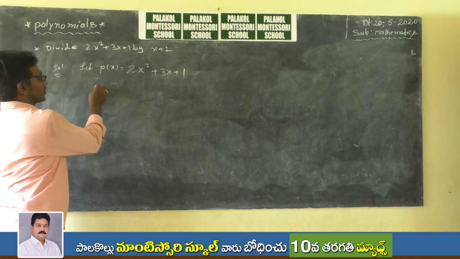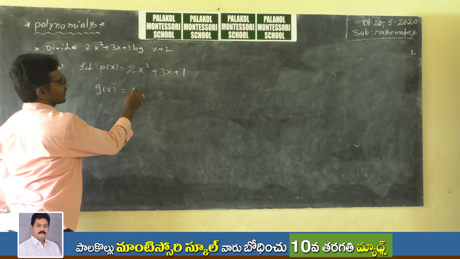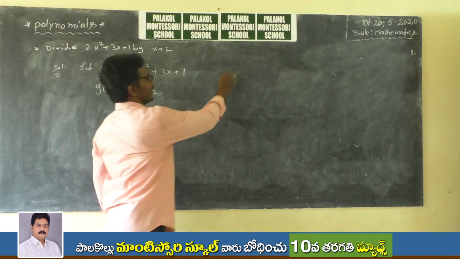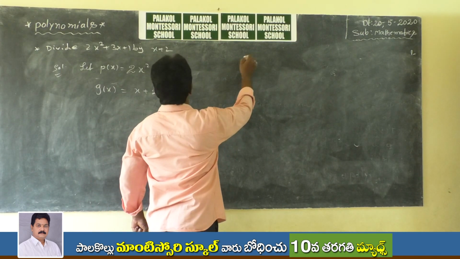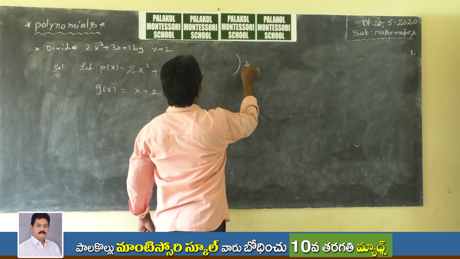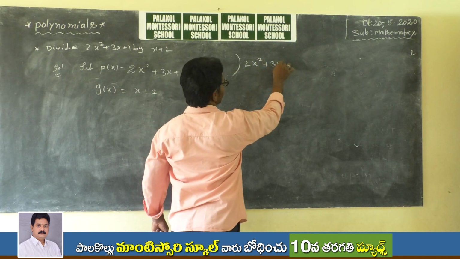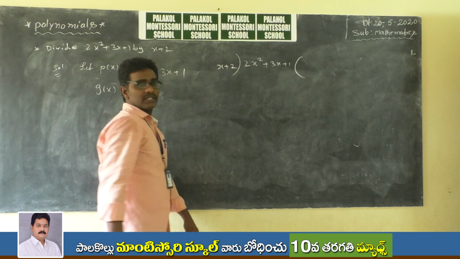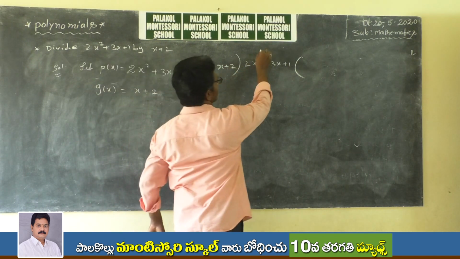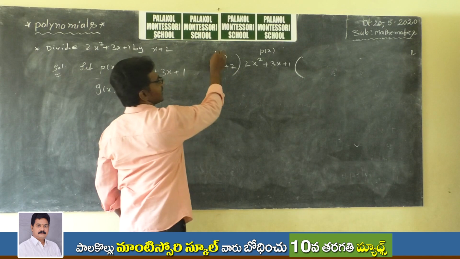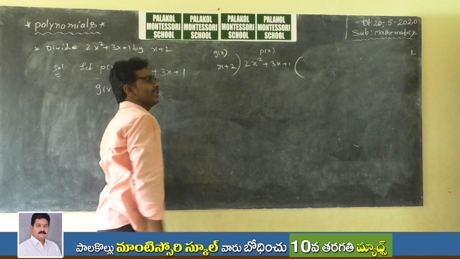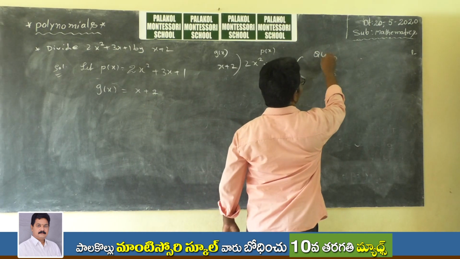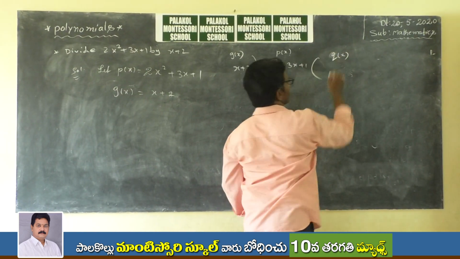This one we say g of x. g of x is equal to x plus 2. So 2x square plus 3x plus 1 divided by x plus 2. This one you say p of x. This one you say g of x according to the division algorithm. This one you say generally q of x.